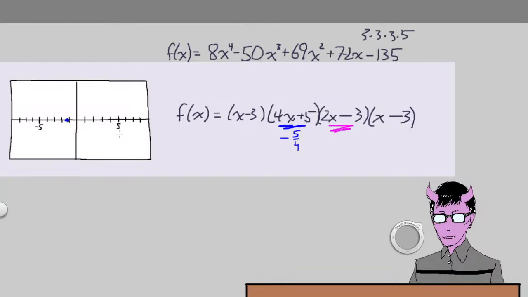So at positive 3/2. There-ish. And then we have the repeated solution right here, and x is equal to positive 3. And because it's going to be x minus 3 squared, we have a quadratic motif happening, a parabola motif happening at this particular 0. So it's going to be something like that.